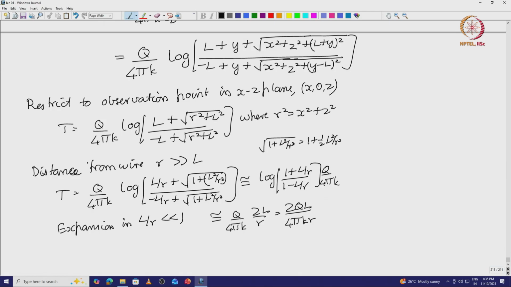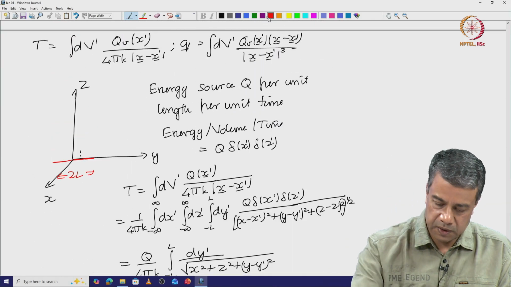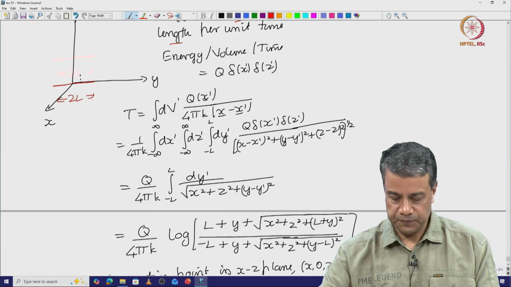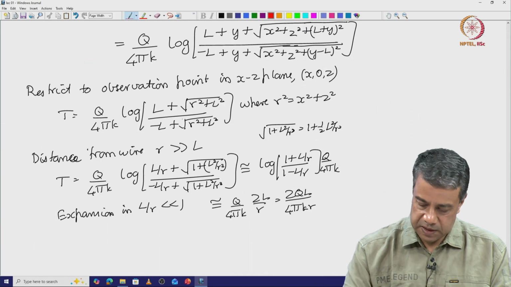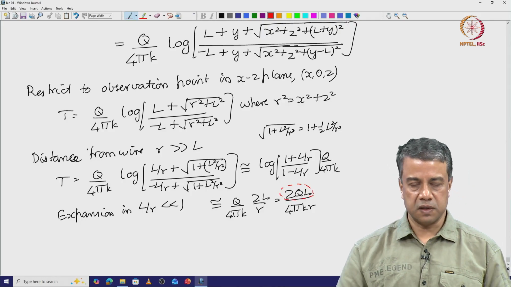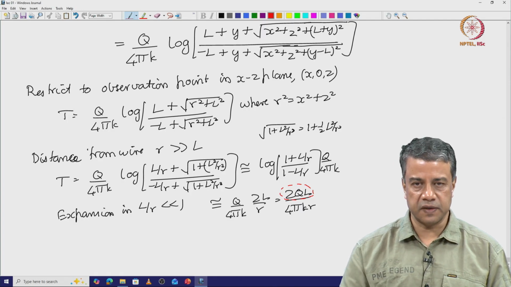If the distance from the wire is much larger than L, what I should get as the result is the point source in 3 dimensions. That source strength is going to be equal to q, which is an energy per unit length, into the length that is 2L. So, this is basically the source strength of a point source if the wire length is much smaller than the distance to the observation point.